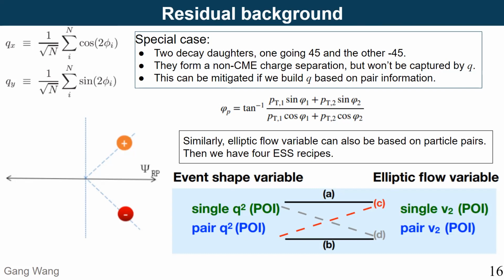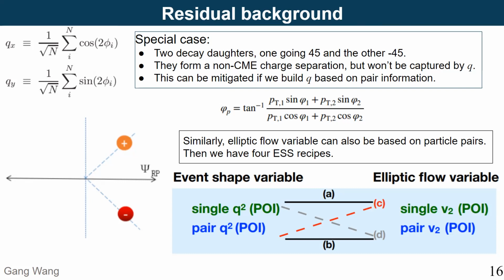However, this is a charge separation faked by a decay. So we need something that can capture this scenario. That's why we introduce pair information. If we use a particle pair defined in this way, it can capture such a scenario.